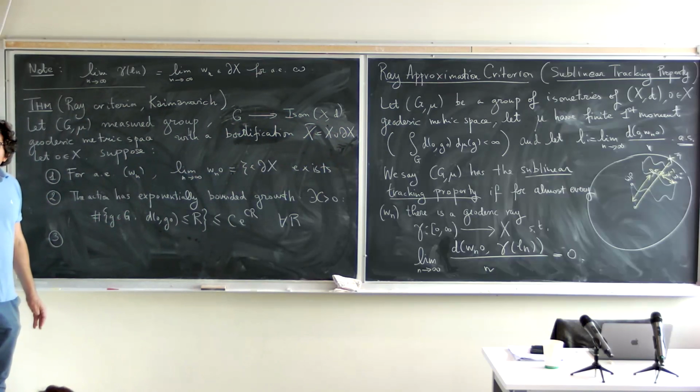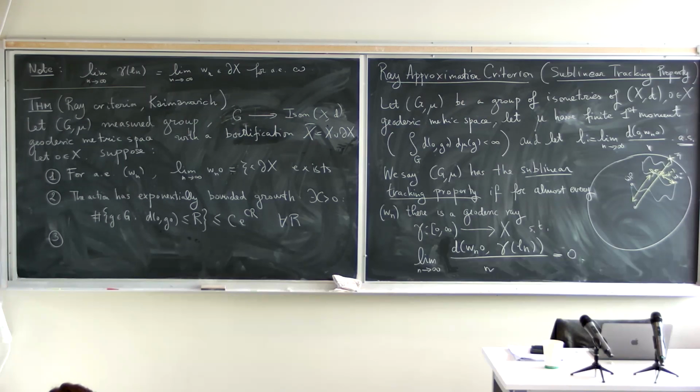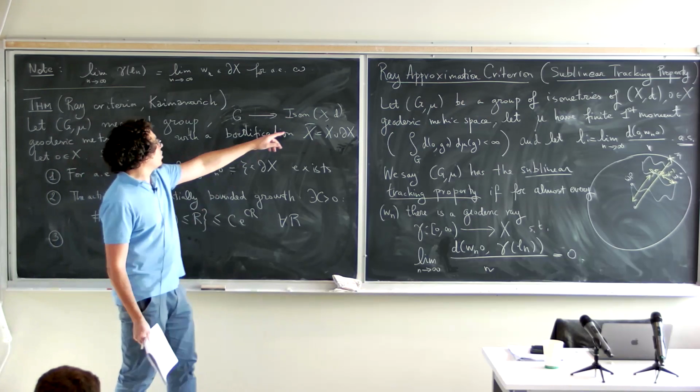But if the action is free and the group is finitely generated, and the action is properly discontinuous, then it's true. But X could also be a much more complicated space.